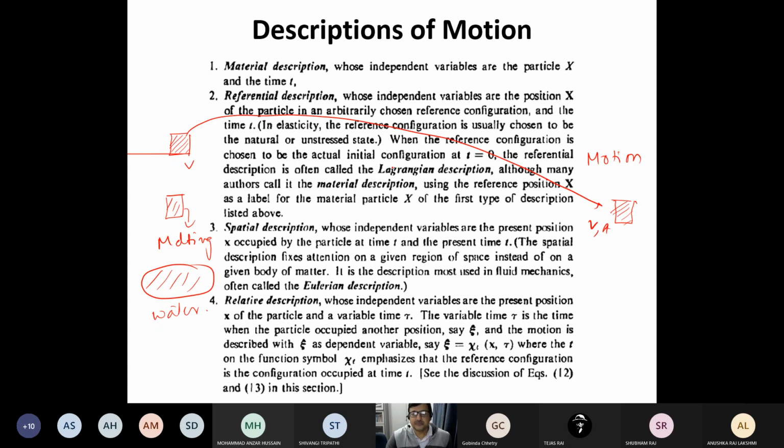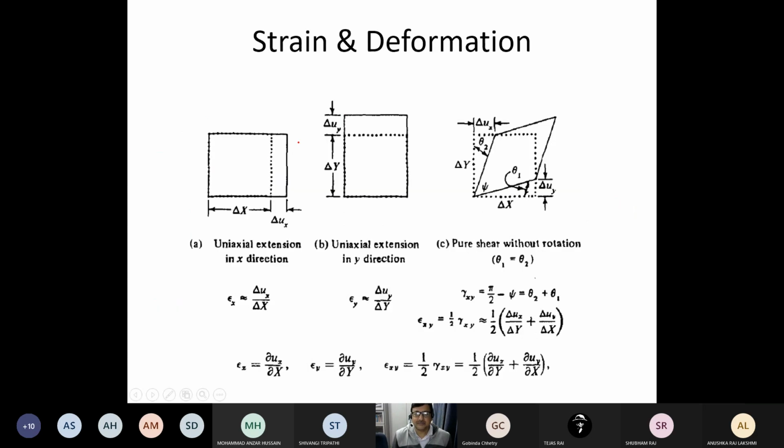But the difference between this motion and the previous one is that in this situation, volume, area, everything is changing. So in order to take different types of motions, different types of descriptions and references are created so that the analysis becomes easier. Let us see what types of descriptions are created.